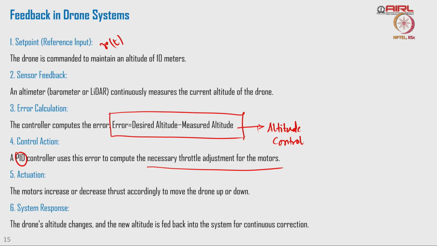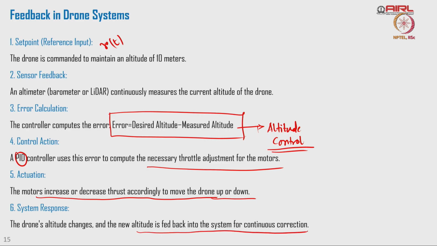So, the motors increase or decrease the thrust accordingly to move the drone up or down in an altitude control or altitude hold action. Okay. Then finally, what we get is the system response, where the drone's altitude changes and the new altitude is again fed back into the system for continuous correction.